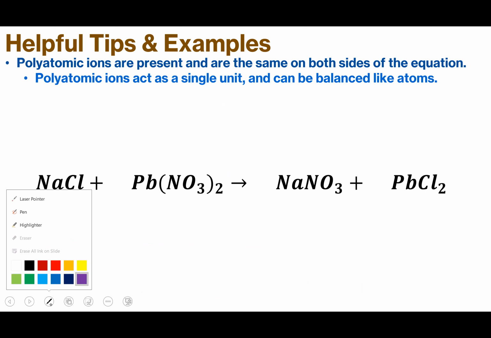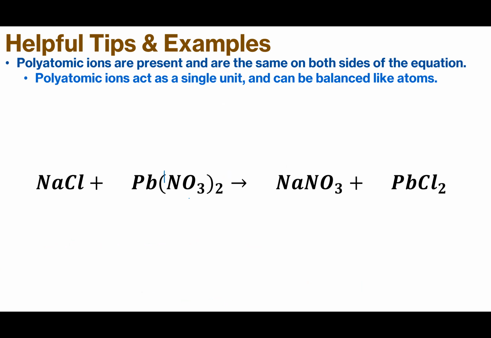My first tip is if you see polyatomic ions that are present in the reaction and it's the same thing on both sides, right? So here we can see there's a nitrate here and there's a nitrate here. There's a nitrate that went in and a nitrate went out.